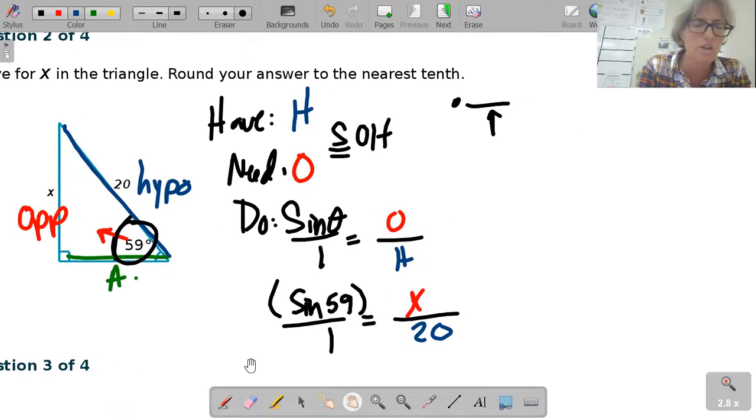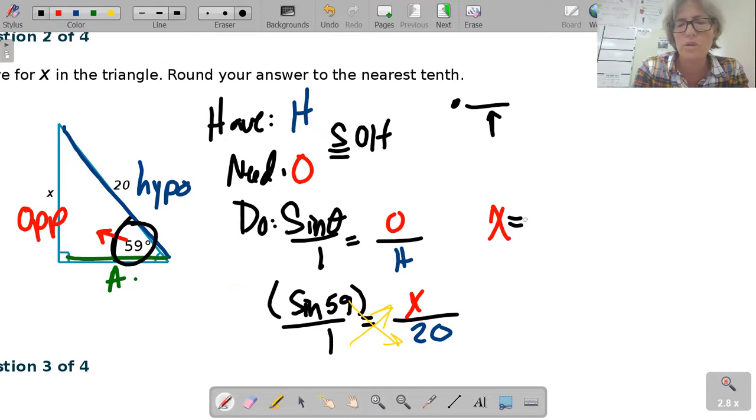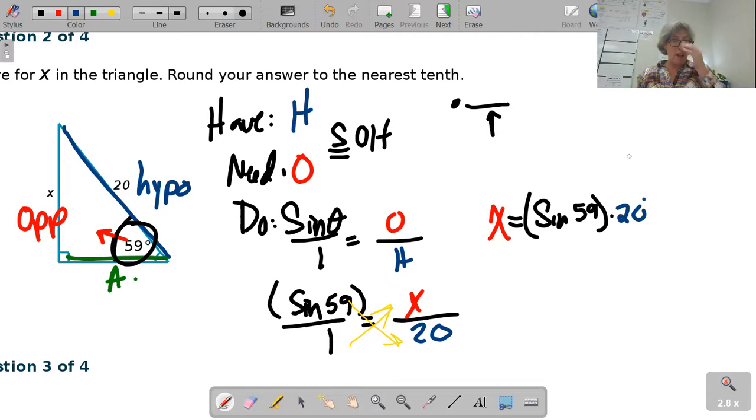Do not touch your calculator until x is by itself. So we cross multiply, and we get x equals sine of 59, parentheses, times 20. Your x is now by itself. Don't touch a calculator until x is by itself.